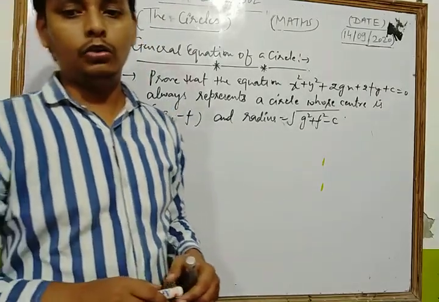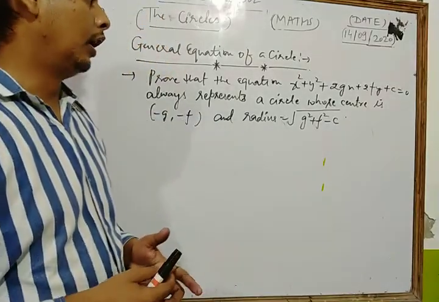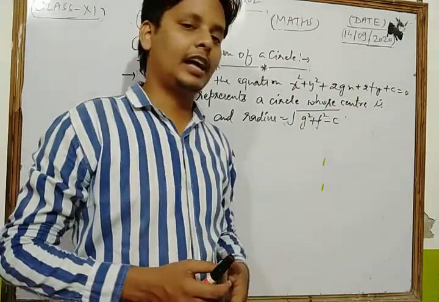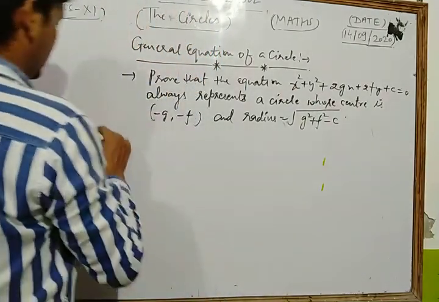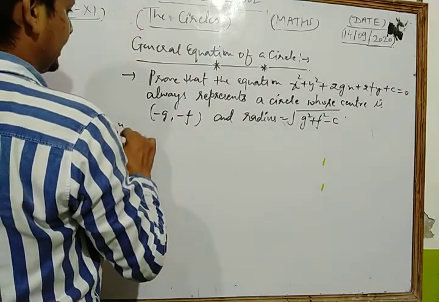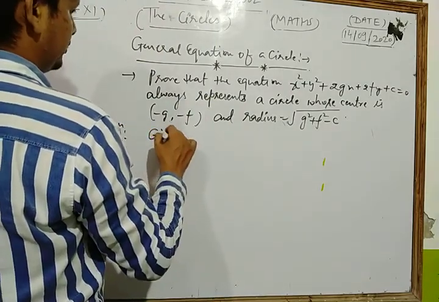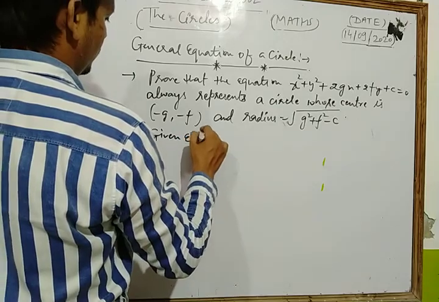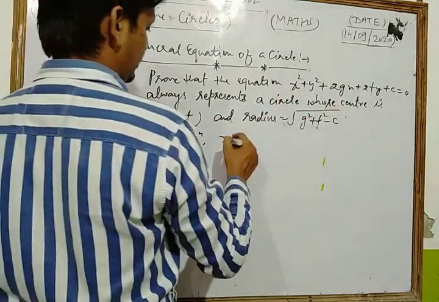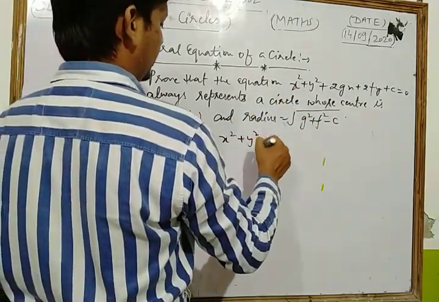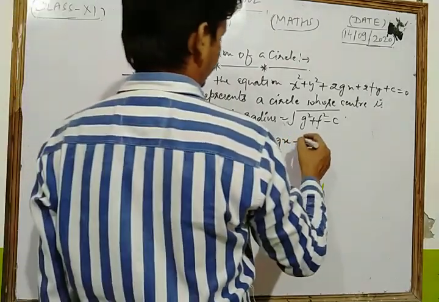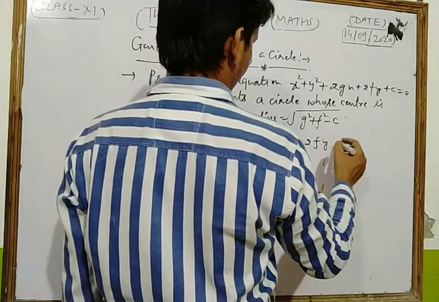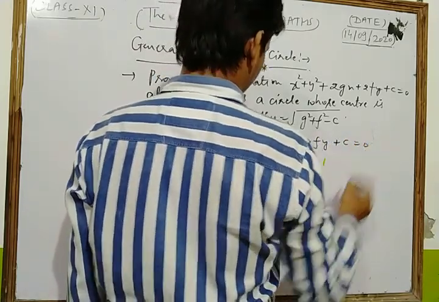Okay, now dear students, let's solve it. First of all, we write the given equation as x square plus y square plus 2gx plus 2fy plus c is equal to 0.